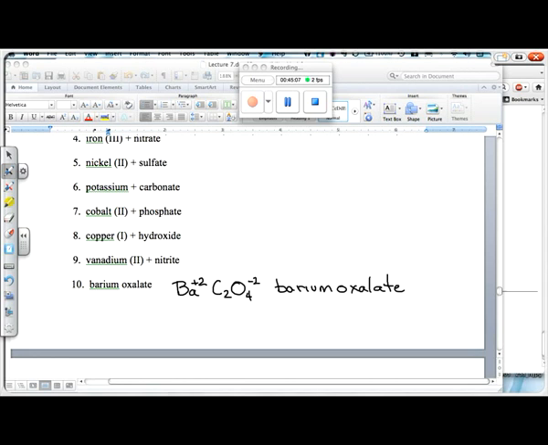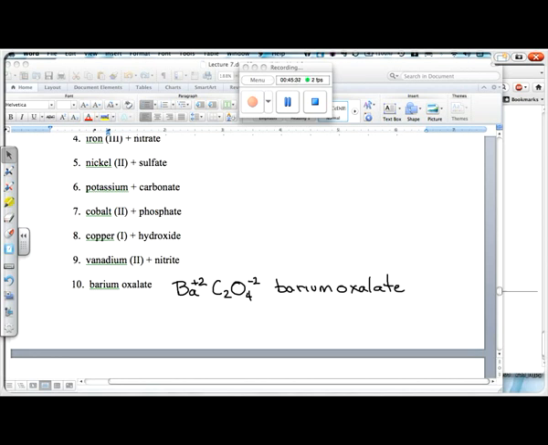All right, that wraps up our examples. What I'd like to do for our last 15 minutes or so is get you started on thinking about covalent compounds. In particular, stop the video, and if you have an index card at home, I will try to remember to give some out in class.